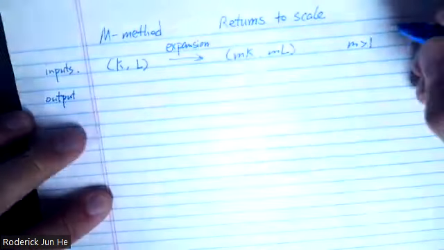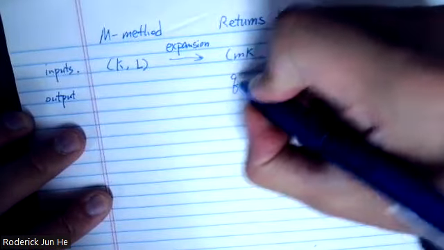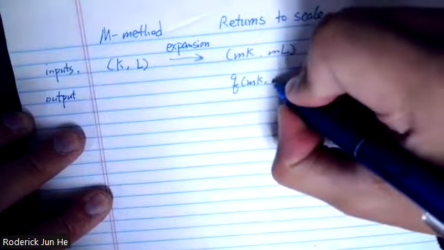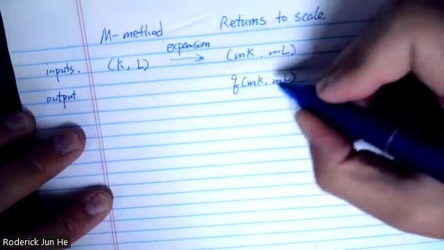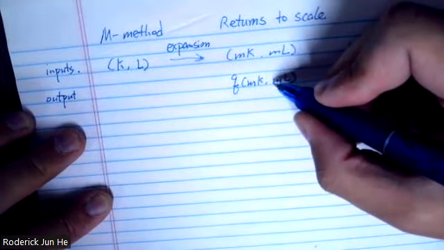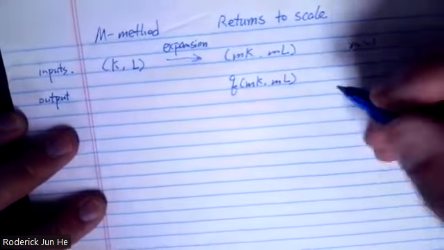Those are the inputs. And here we are looking at the corresponding output, which is Q(MK, ML), meaning the output by using M times the K, M times the L.